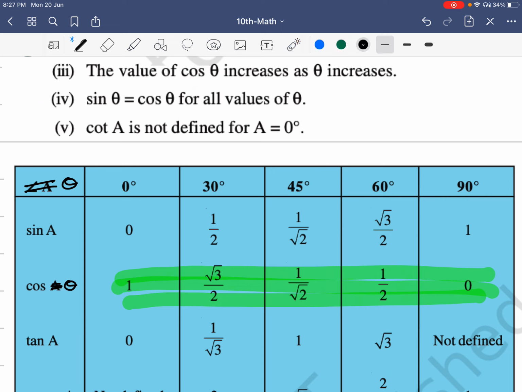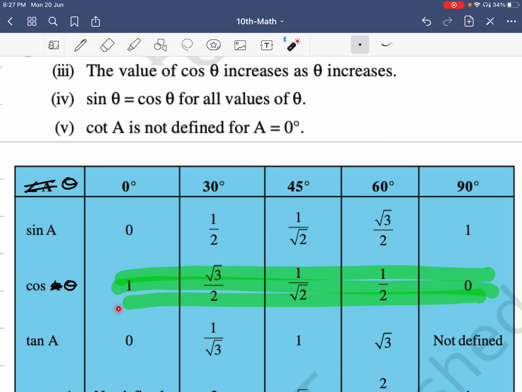Now you can see that when theta is 0, we have 1, and when we increase theta to 90, we have 0. So actually the value of cos theta seems to be decreasing. Because you can see these numbers 1, root 3 by 2, 1 by root 2, 1 by 2, 0 are exactly in the opposite direction of this, as it was for sin theta.